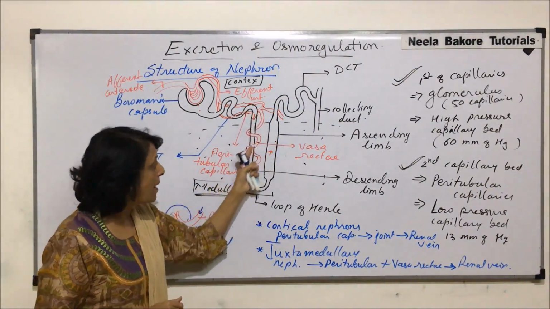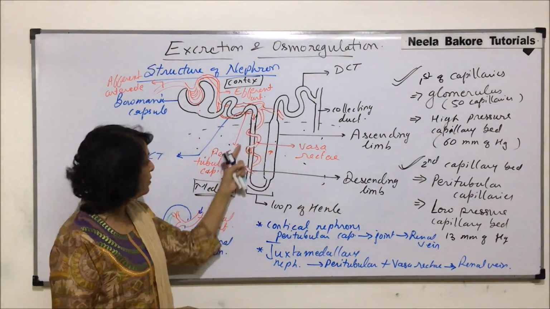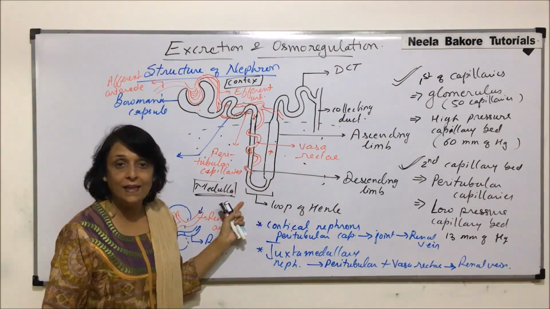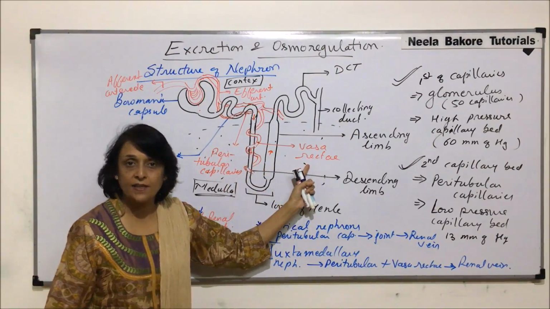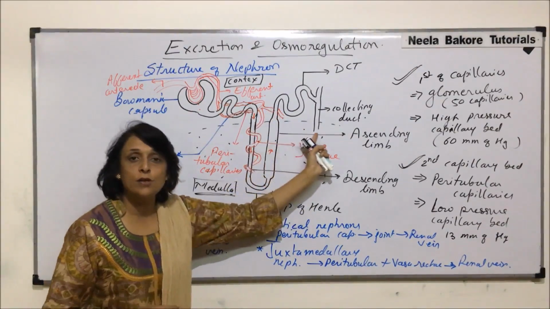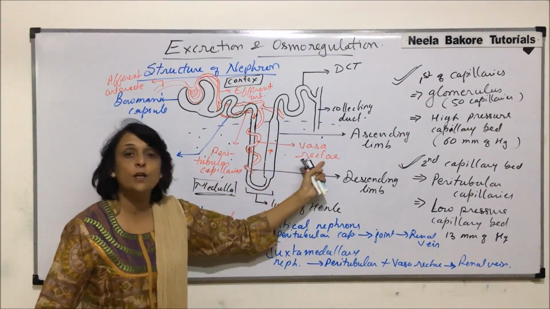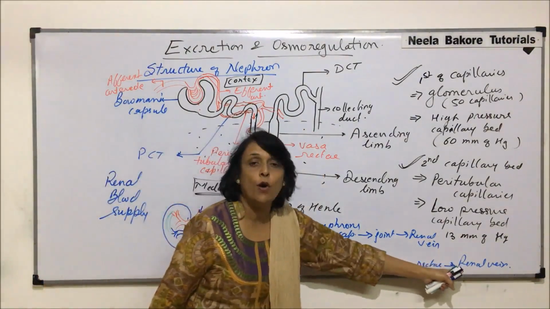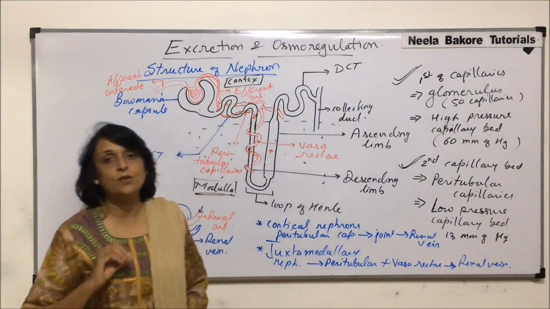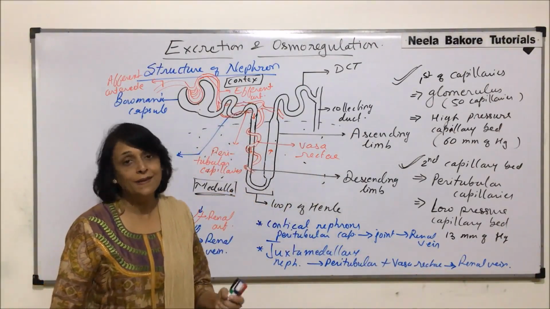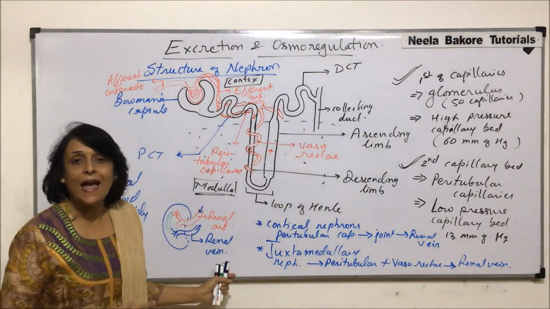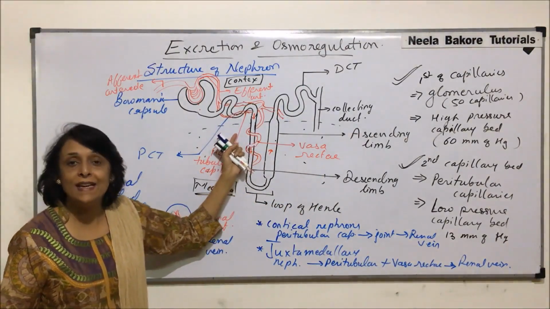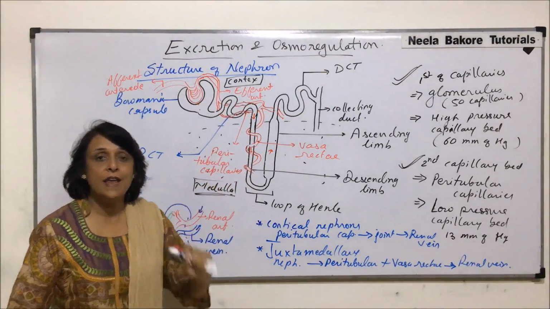Plus, some arms go deeper into the medullary region and surround the loop of Henle, and that is known as vasa recti. So peritubular capillaries rejoin to form venules, vasa recti would also rejoin to form venules, and these venules would form the renal vein, and the blood is going to come out of the kidney. So this is the actual blood supply which is taking place in the kidneys, or especially in the nephrons.